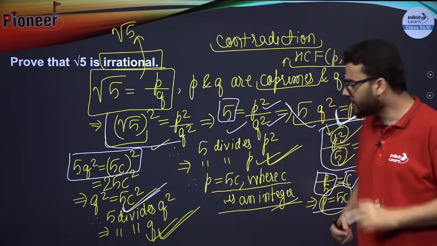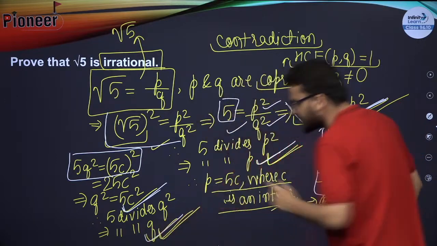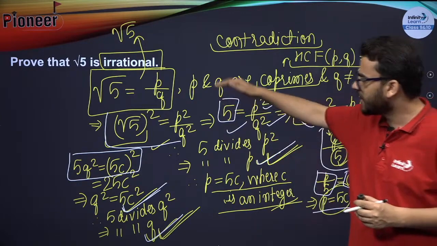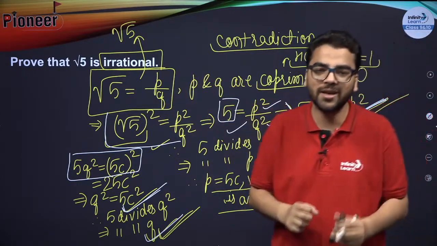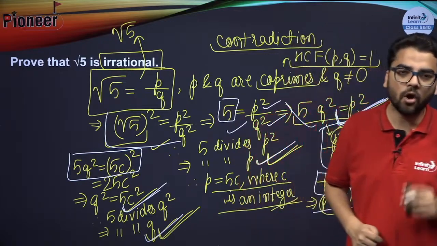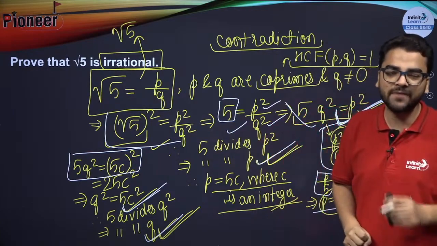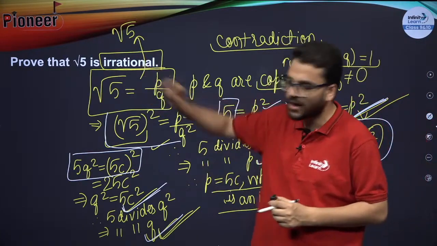So basically what we have got, that 5 is a factor of P as well as Q as well. But isn't this a contradiction? Because in the first place we have assumed P and Q to be co-prime numbers. So this contradiction arises due to a wrong assumption of taking root 5 to be a rational number. Hence we can say that our assumption was wrong, and hence root 5 is an irrational number.